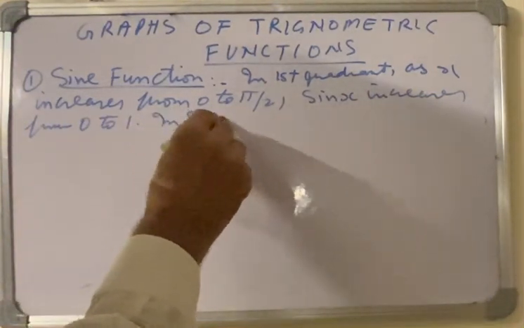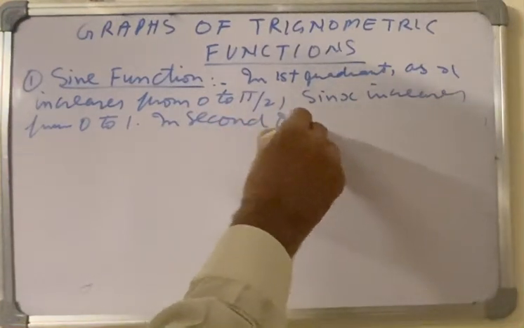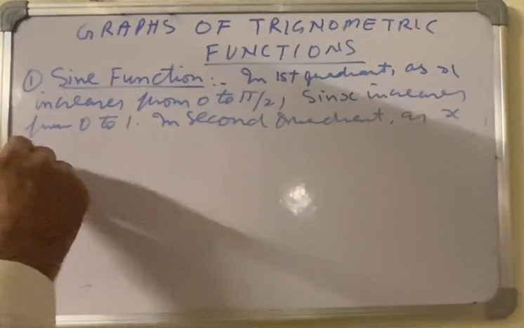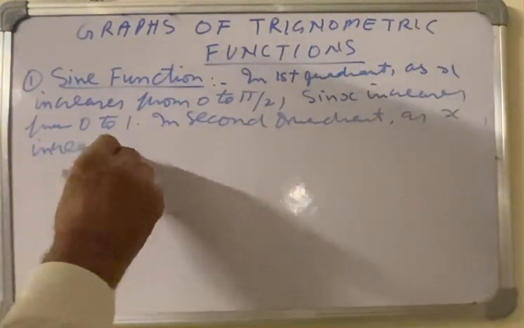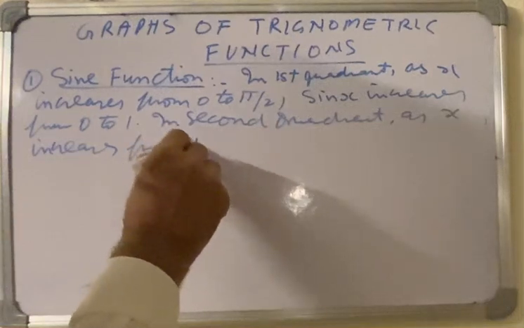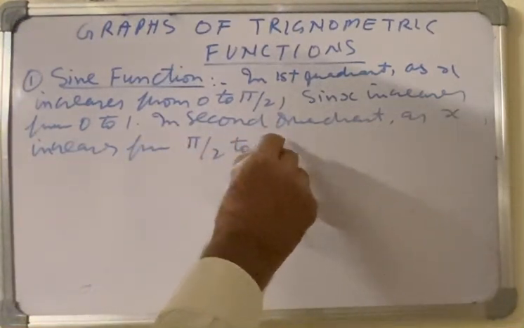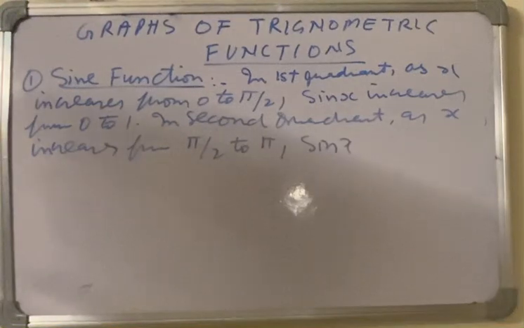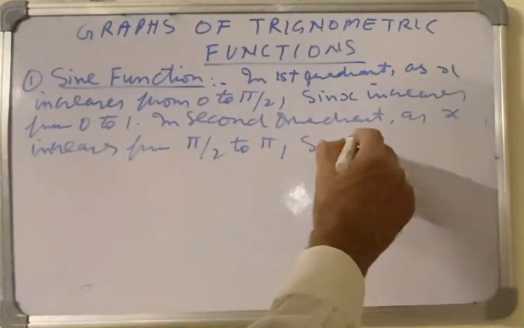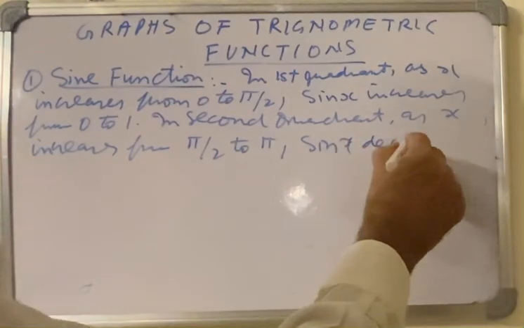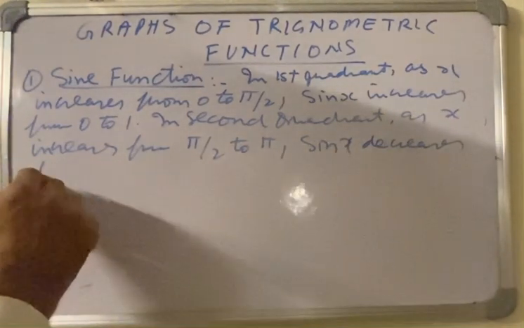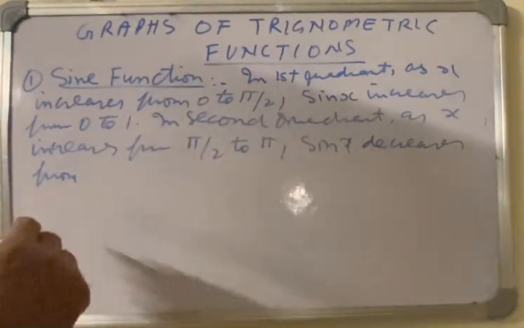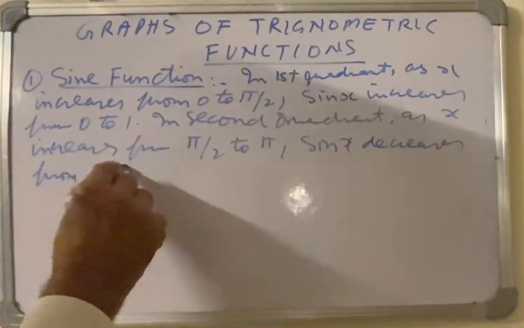In the second quadrant, as x increases from pi by 2 to pi, sin x decreases from 1 to 0.